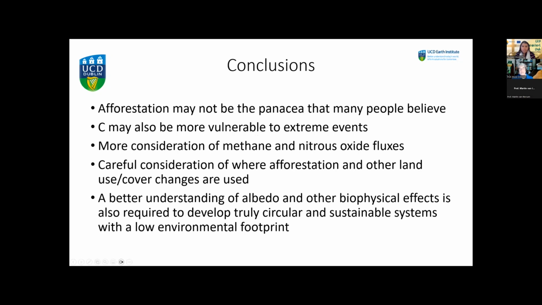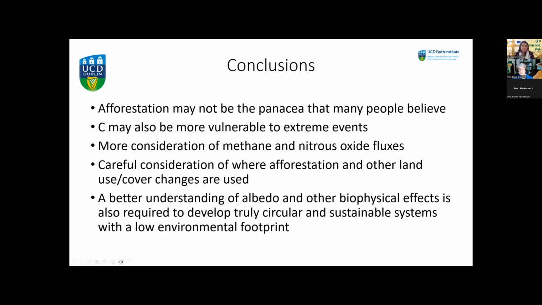The other point is that in many cases, because it increases the amount of above ground carbon, afforestation may make the carbon more vulnerable to extreme events, which is something else that needs to be considered. And I think there needs to be more consideration of the two other major greenhouse gases that are associated with land use change, particularly afforestation, that's methane and nitrous oxide.